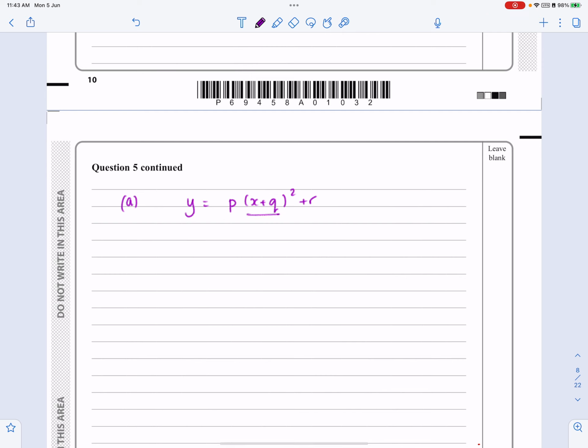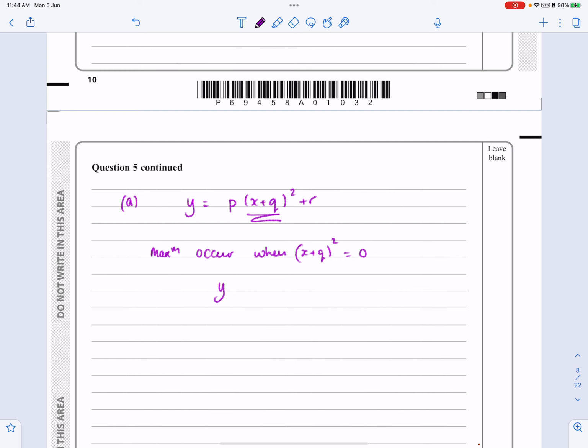For example, when I'm looking at this, the maximum will occur when (x + q)² is equal to naught. That's going to give me my maximum value, because the smallest value anything squared can be is naught.